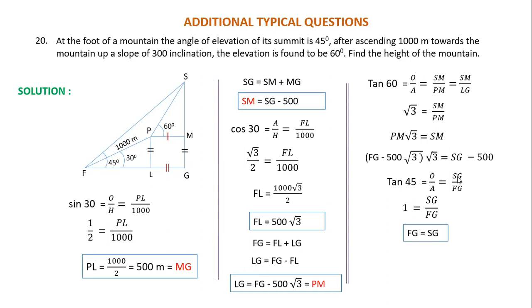What I want to calculate is SM. So SG minus 500 root 3, into root 3, is equal to SG minus 500 in the bracket.